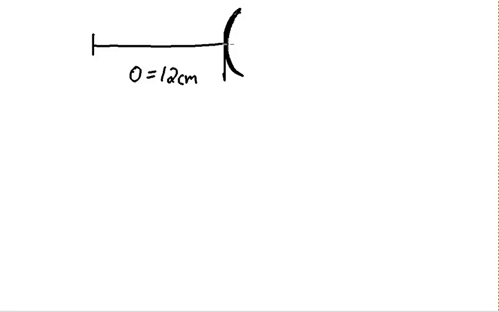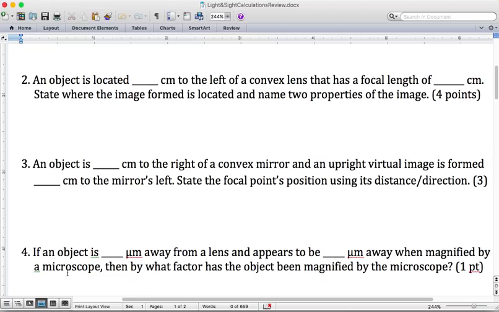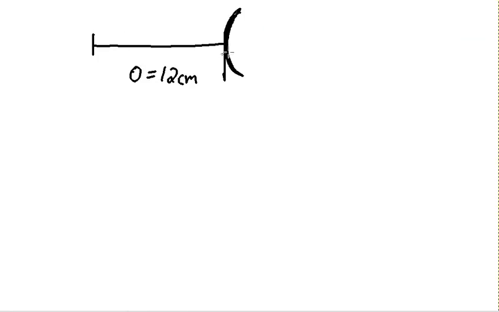And we're going to say that its image, where it appears to be, is, let's say 4 centimeters. So it should be about 1/3 of this. It's probably pretty good.